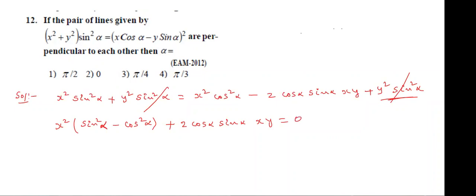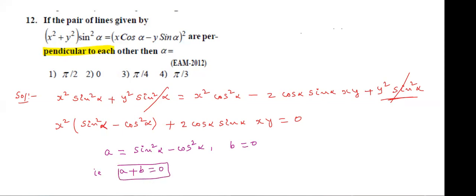So finally, compare with the general equation of a pair of lines. At that time, you get a value of sine square alpha minus cos square alpha. The y square coefficient is 0. Here it is already given that the pair of lines are perpendicular to each other. So what is the condition? That is a plus b is equal to 0.